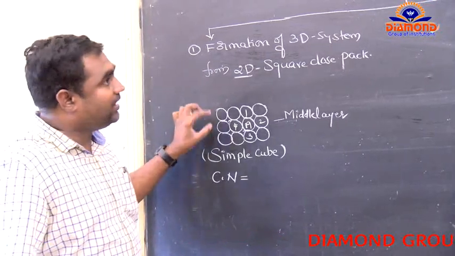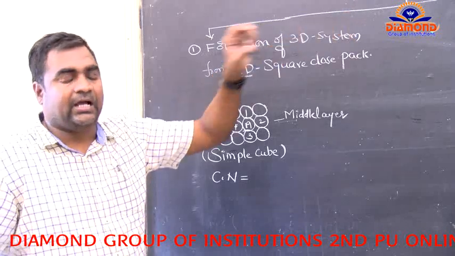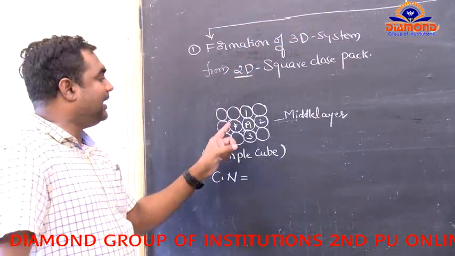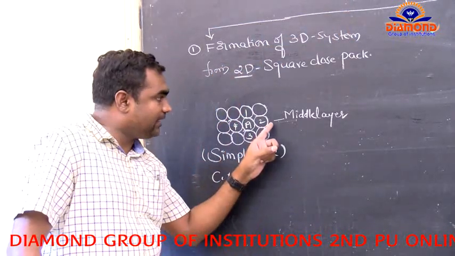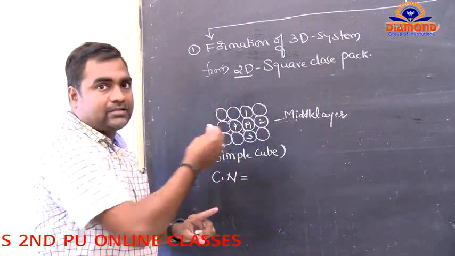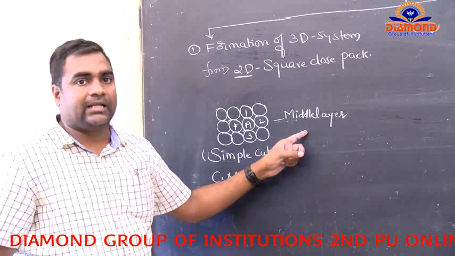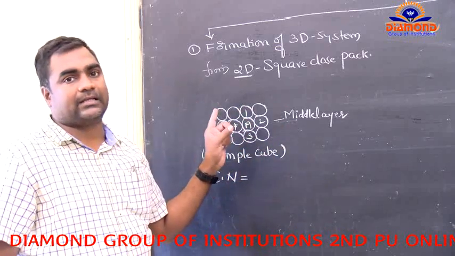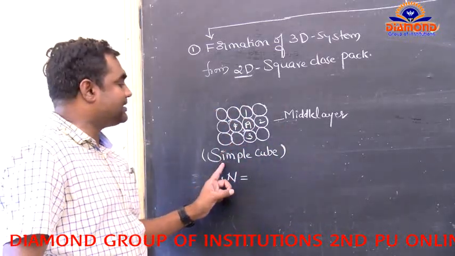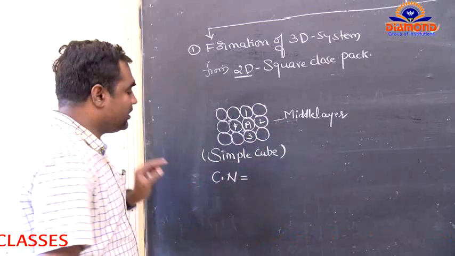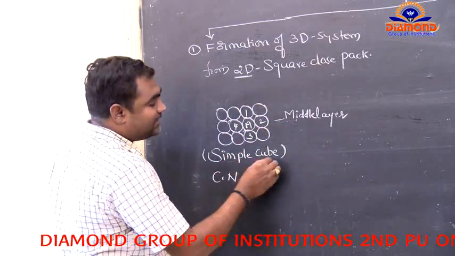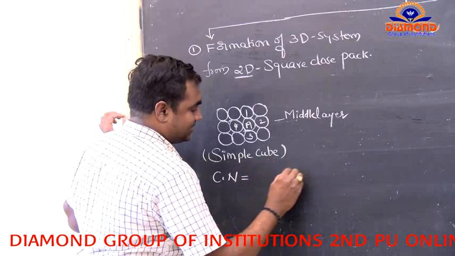It belongs to the square close pack. You have to imagine three layers: one layer, its back side layer, and the layer above. Total 3 layers we have to imagine, and then we get a simple cube. The coordination number for the simple cube is total 6.